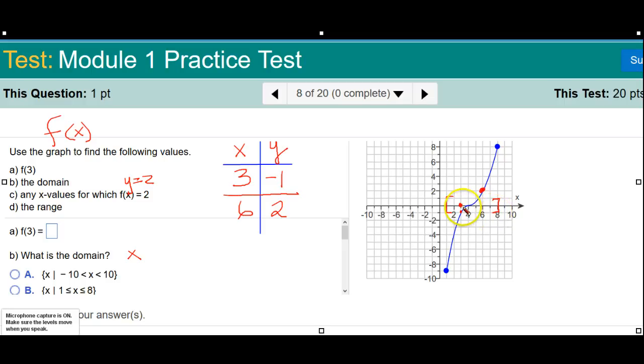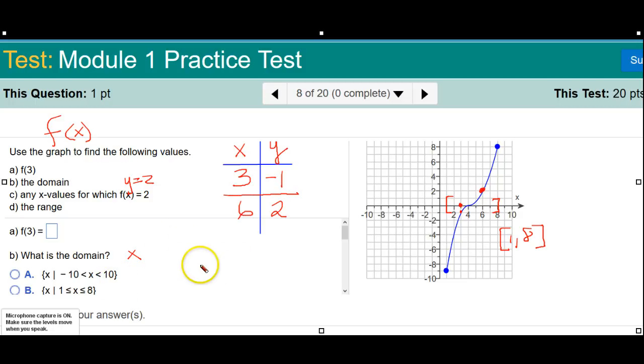So if you were to put that in interval notation, this one specifically will be 1, 8. And if they want that in set builder notation, you have to pick it out where this is the case. I'll let you do that.